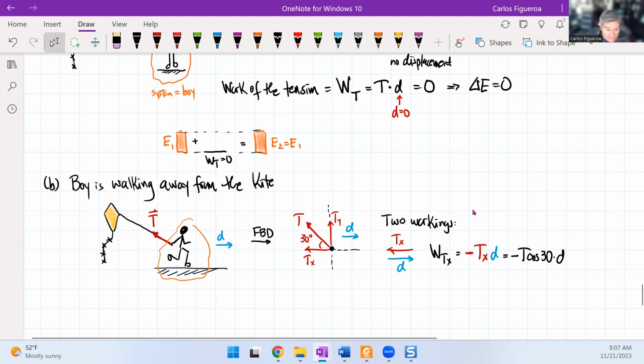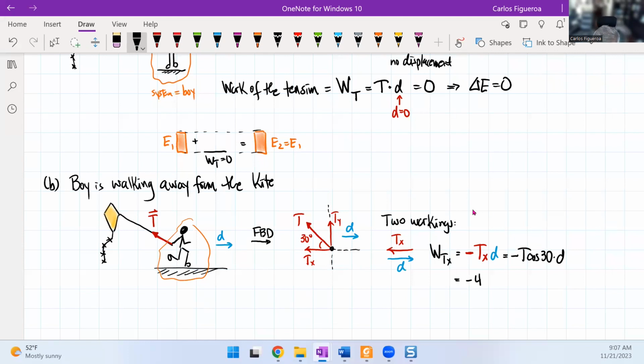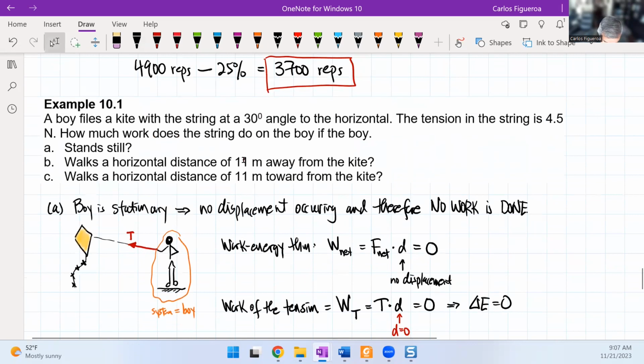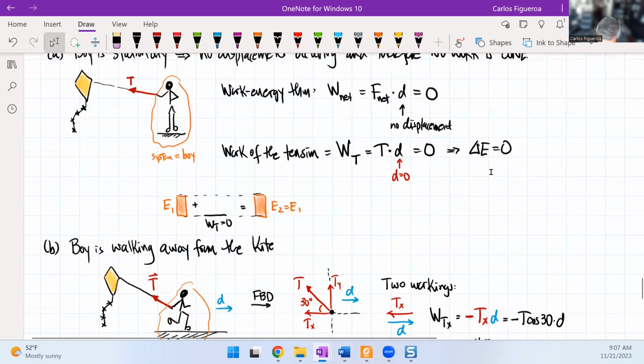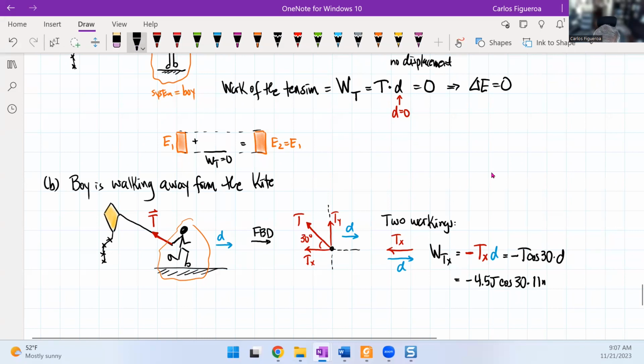If I compute this number, what do I get? I'm going to get a tension of 4.5 joules, cosine of 30, and in this situation, the distance that the kite moves here is 11 meters. So if I multiply this by 11 meters, I'm going to get minus 43 joules for the tension in the x direction.